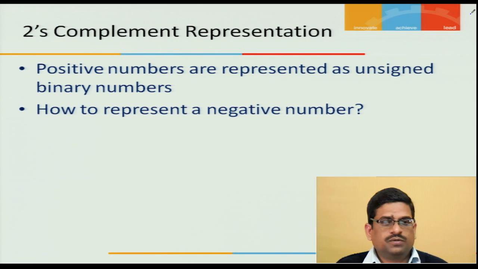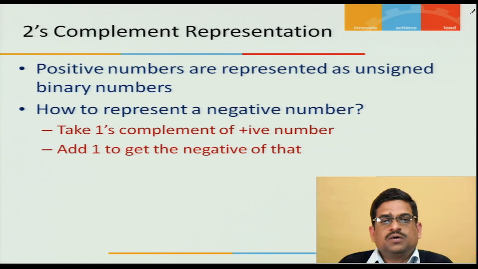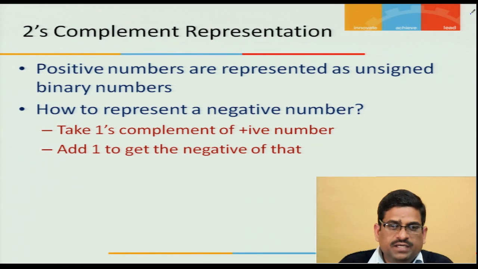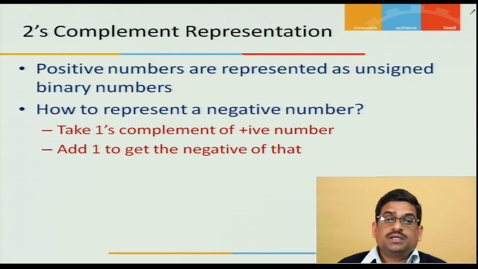So how to do it? One method is to take the 1's complement of the corresponding positive number. How to take it? Convert the 1's to 0 and 0's to 1 of that number, and then add 1 to get the negative of that number.